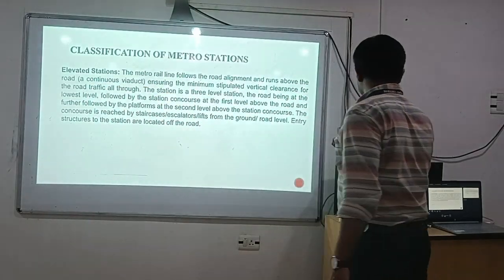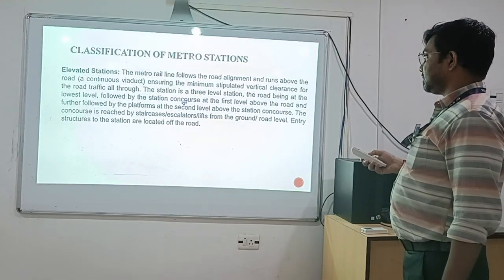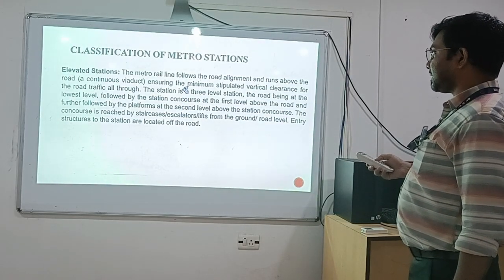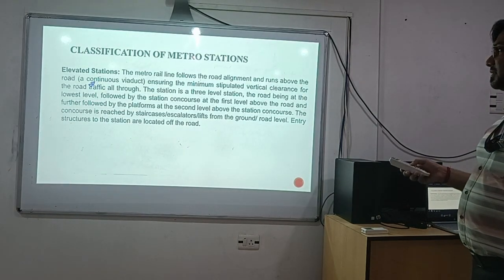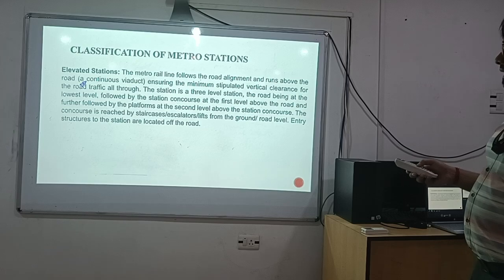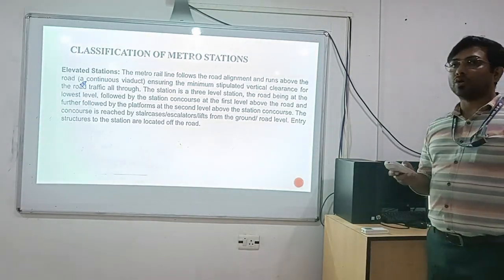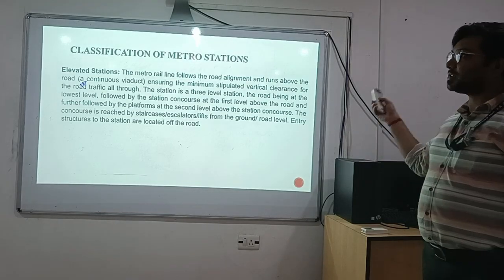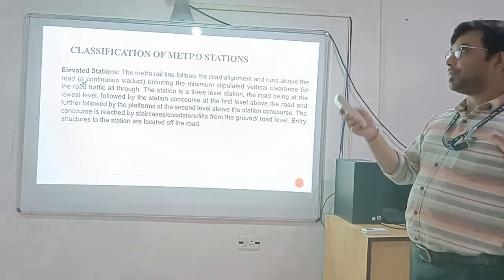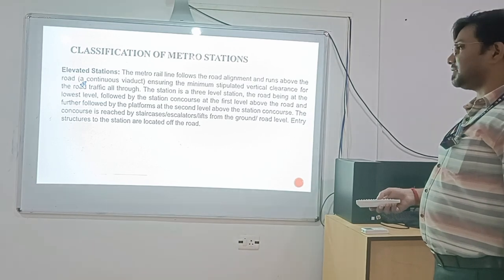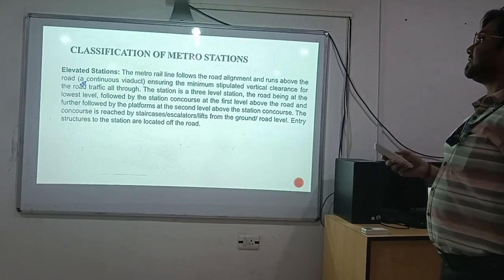You can see this term, continuous viaduct. This continuous viaduct means that the viaduct or the elevated route of the metro system is continuously going parallel to the ground surface. There is no change in the gradation at the point of the stations also.